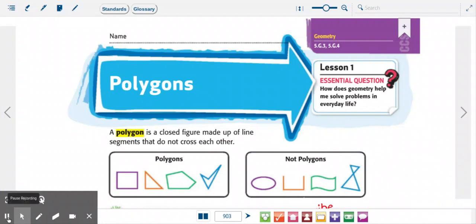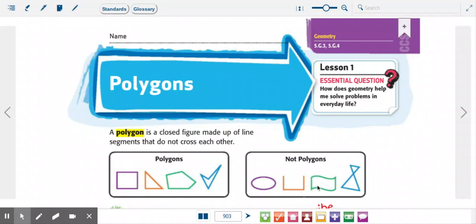So a polygon is a closed figure, and it is made up of line segments that can't cross each other. So if you look down here at these examples, this is not a line segment, right? It doesn't stop and end. This is a line segment, this is too, but there's nothing on top, so it's not a closed figure.